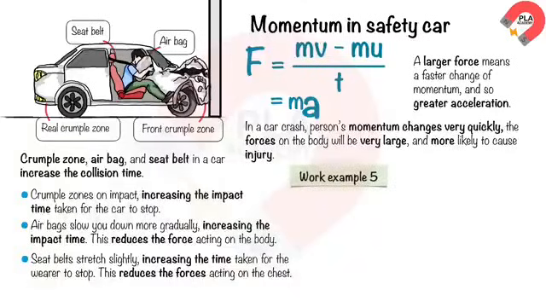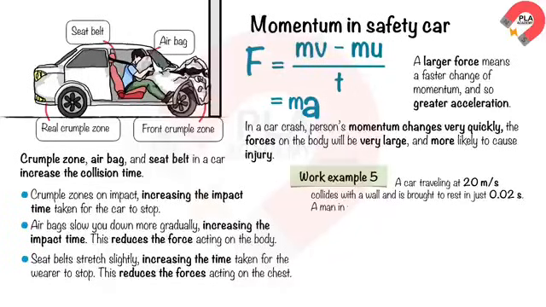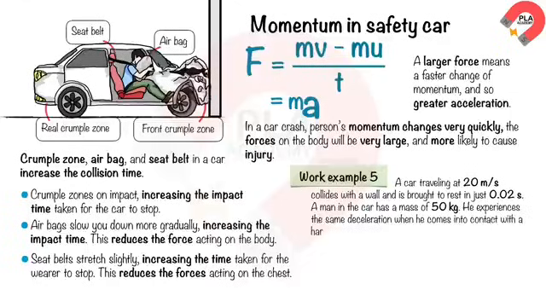For example, a car traveling at 20 meters per second collides with a wall and is brought to rest in just 0.02 seconds. A man in the car has a mass of 50 kilograms. He experiences the same deceleration when he comes into contact with a hard surface in the car, such as the dashboard or the windscreen.